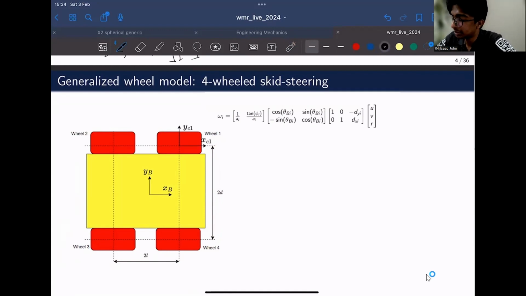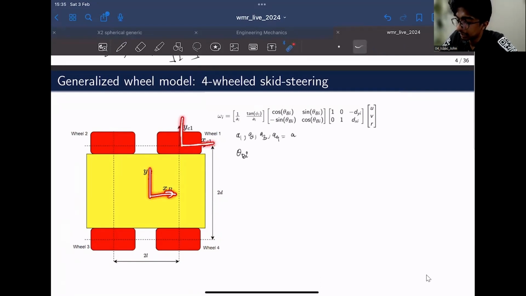So if that is the case, how do you adapt these parameters? In this case, we have the radius of the wheels a1, a2, a3, and a4 as a, because the wheel radii are all constants. And theta bi is basically the angle between frame C and frame B. As you observe, frame C here and frame B here are basically of the same orientation.